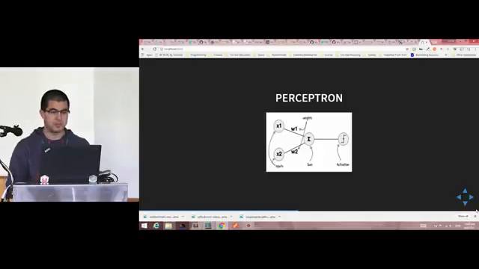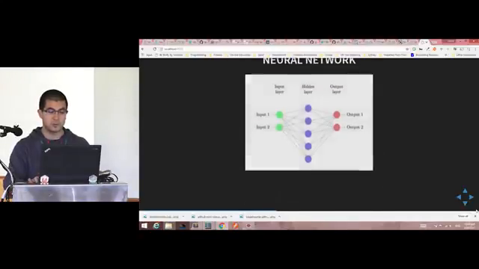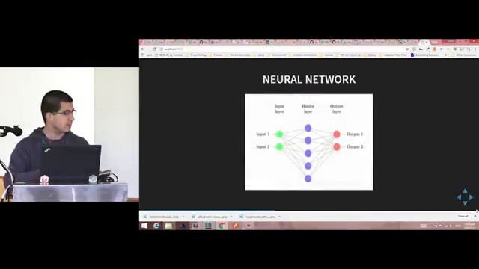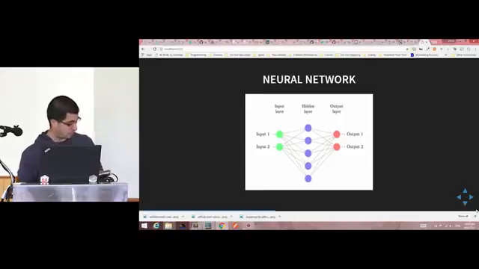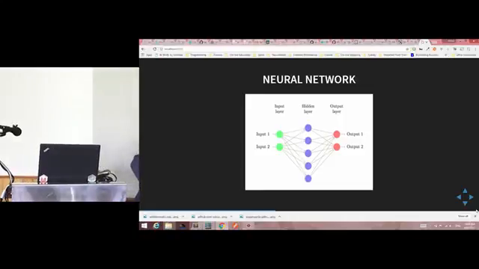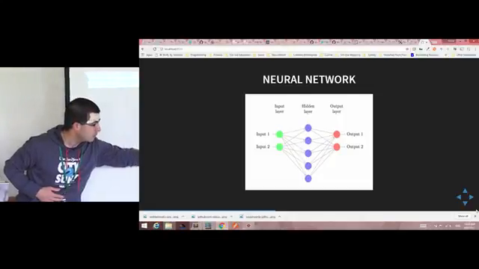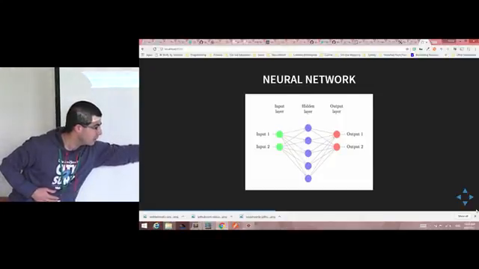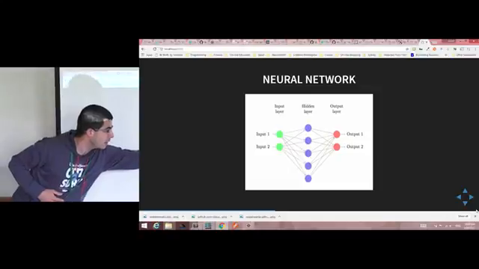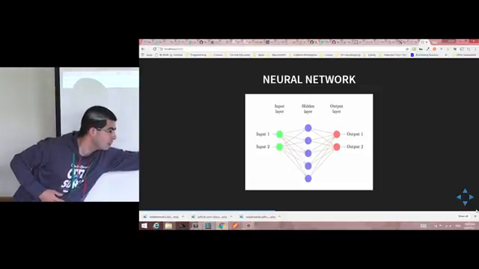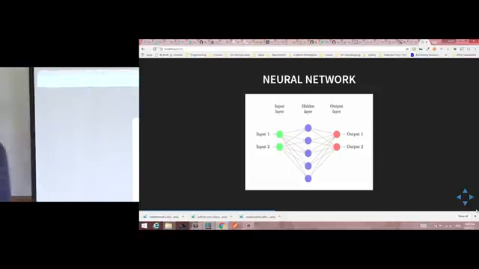So basically, this thing called perceptron is just one part of what I showed in the picture. The perceptron is just this part. So you have a number of inputs, you apply a number of weights in the middle, and you activate them, and you have one neuron in your network.